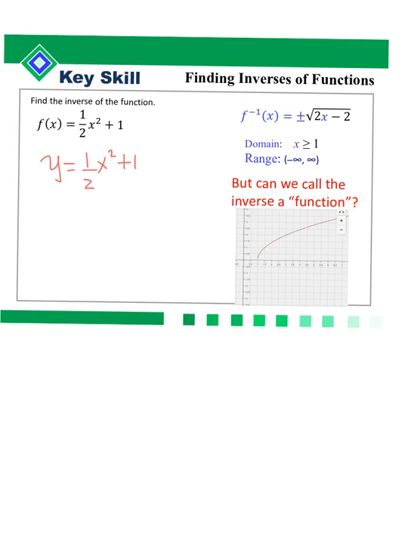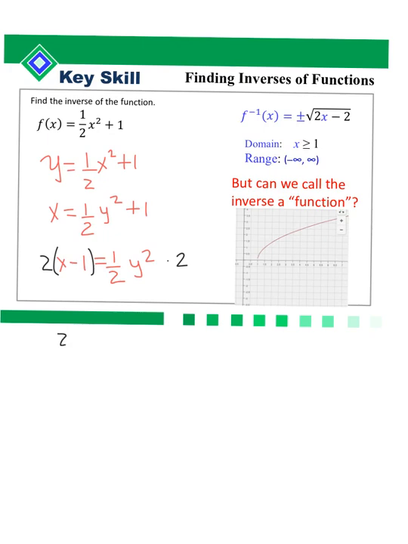I'm now going to switch x and y. I'm now going to solve for y, so I subtract 1 from both sides. And now I'm going to multiply everything by 2 on both sides.